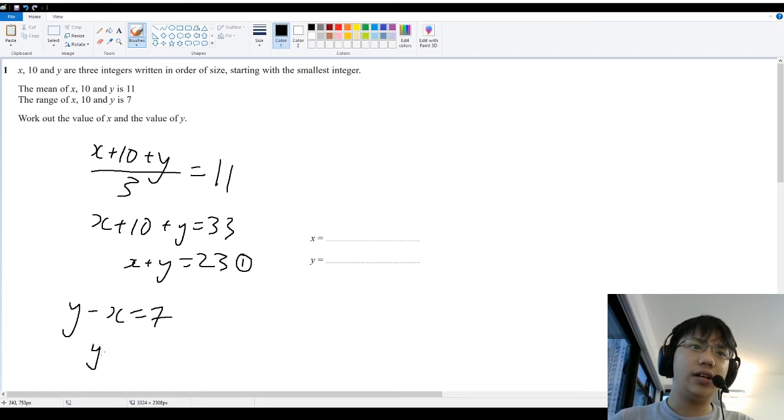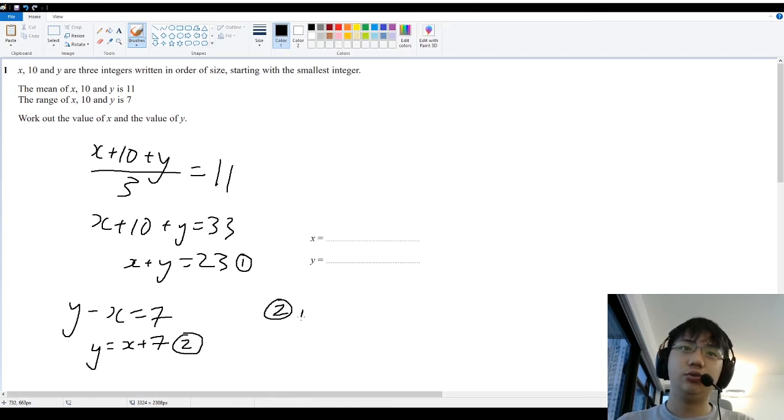And you can do y equals x plus 7. So you rearrange the equation. That's the second equation. Since the second equation is stated in the form of y equals something, we can substitute 2 into 1, which gives us x plus x plus 7 equals 23.